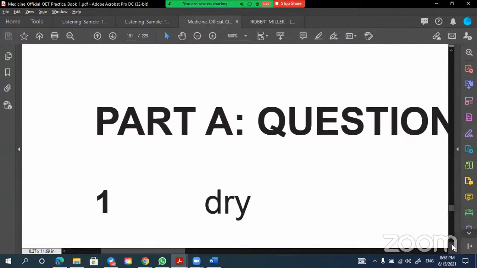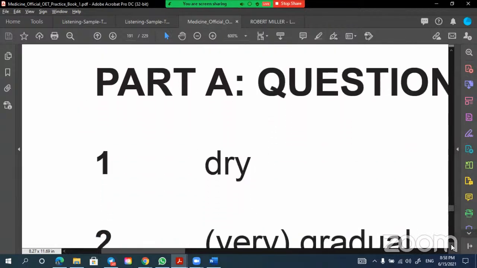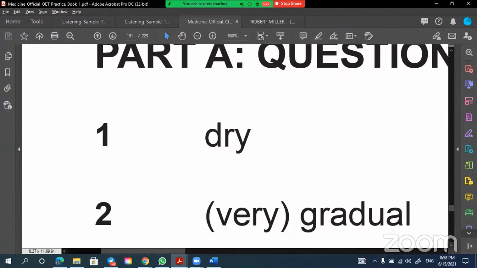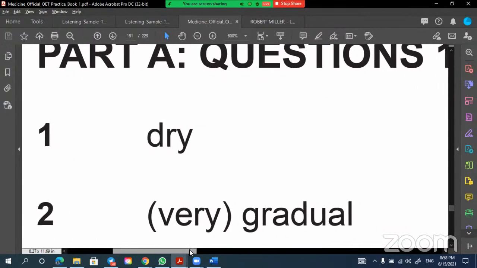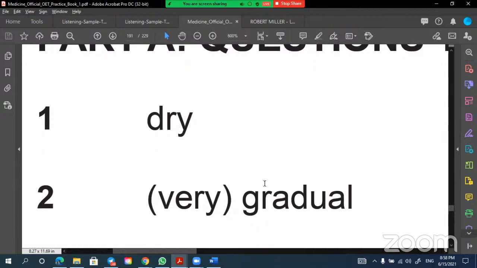Next, second answer is very gradual. Not suddenly. Gradual decrease. Weight loss was gradual, not sudden. So it's very gradual or just gradual. Gradual is there, correct.